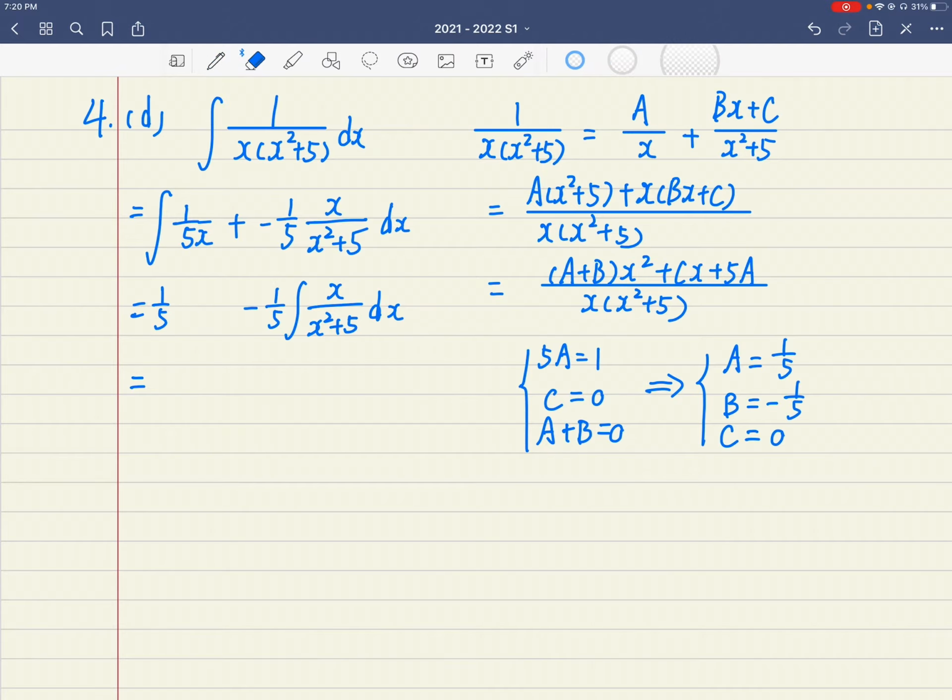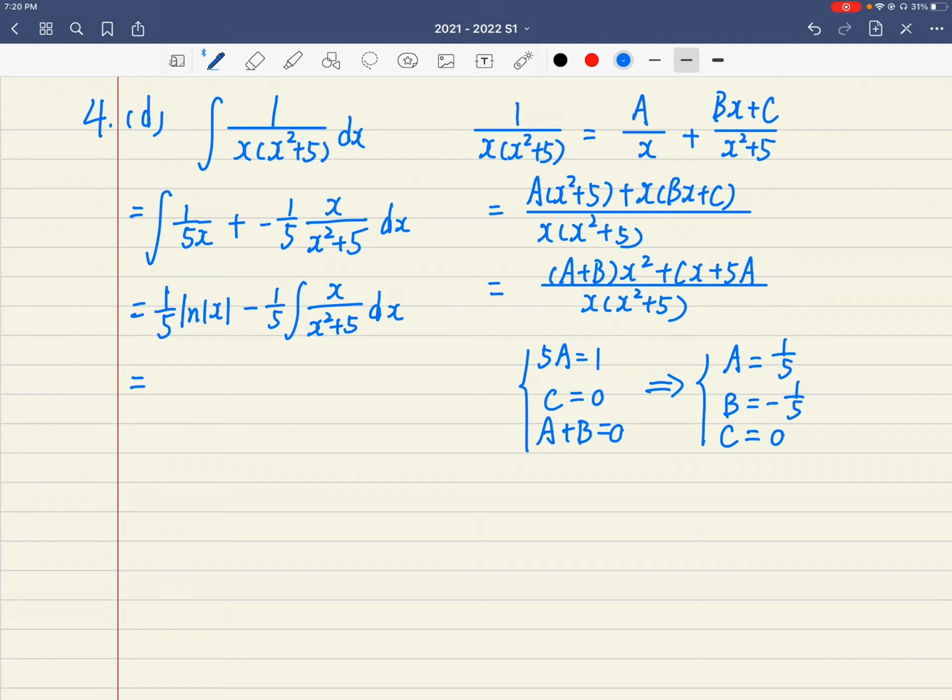Sorry about the typo here. So it's 1 over 5. And if you integrate 1 over x, what is it? It's natural log absolute value of x. So here, this x is on the bottom, it's not on the top.